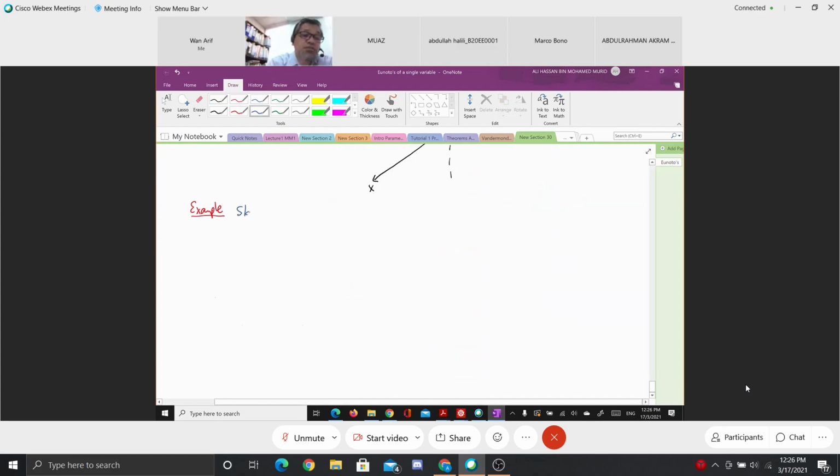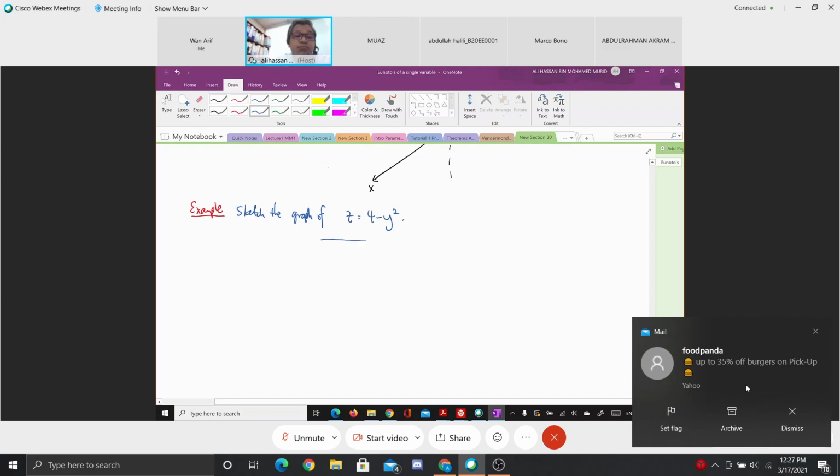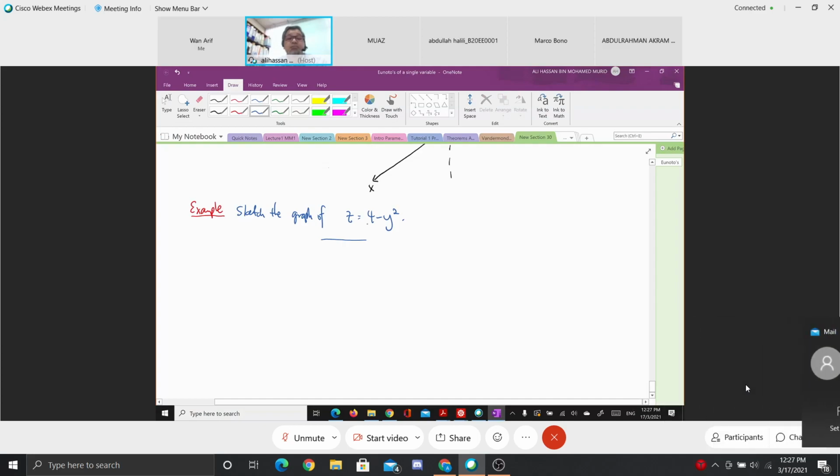Okay, let's look at another example. Suppose you want to sketch the graph of z equal to 4 minus y squared. But this equation only contains the variable y.